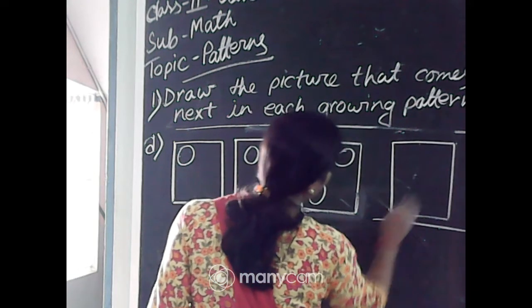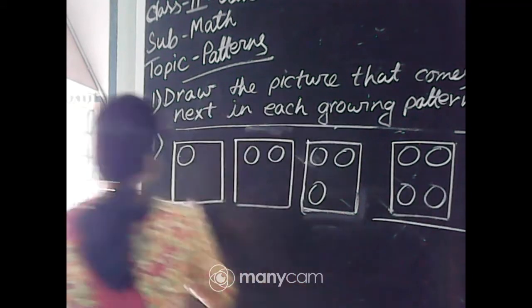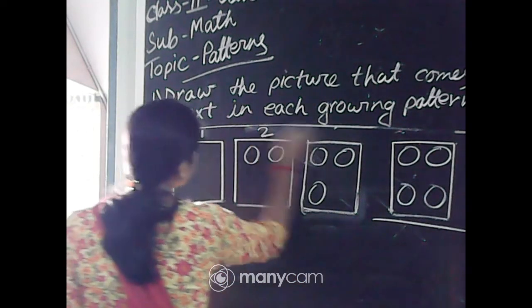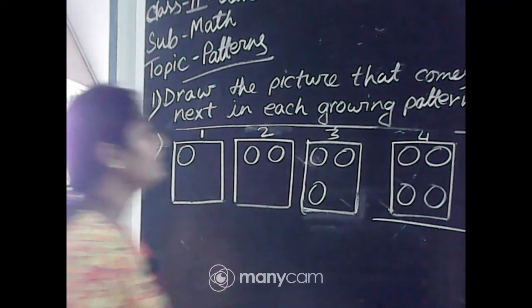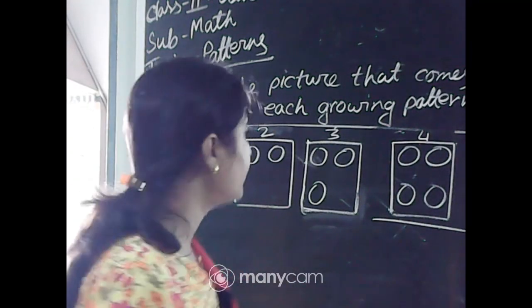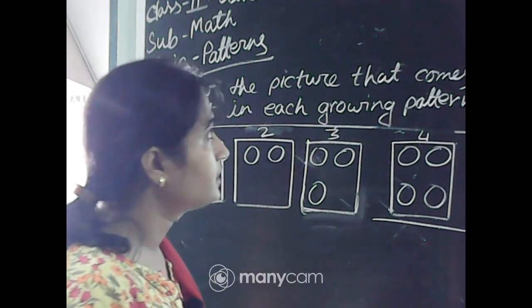This is the square, here already 3, 4, here 1 circle, 2 circle, 3 circle and here 4 circles, okay. Okay, very good. Next, another topic.